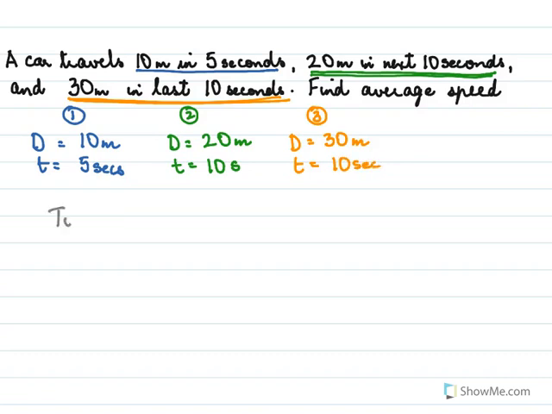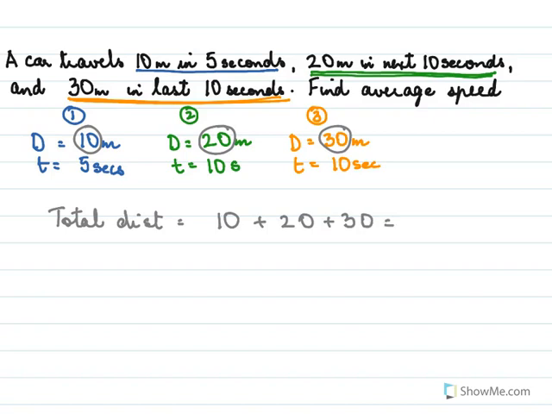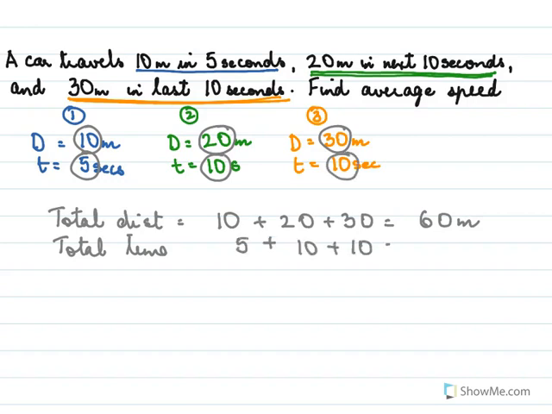So if you want total distance, it will be 10 plus 20 plus 30, and this will be 60 meters. And if you want to find total time, it will be 5 plus 10 plus 10, which is 25 seconds.